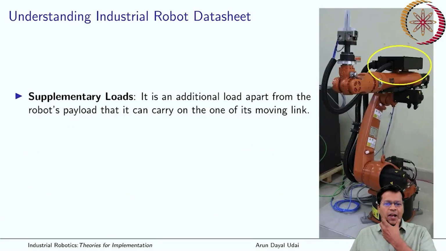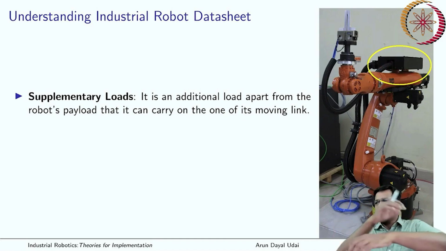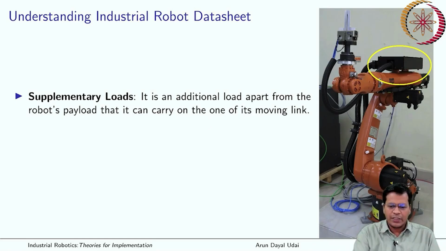The second very important parameter is this. What you see here, one of the arms has a load carried on it. So this is your base, then your first link, your second link, and so on. You have further links. One of the links can carry a load which is other than what it was carrying somewhere over here.